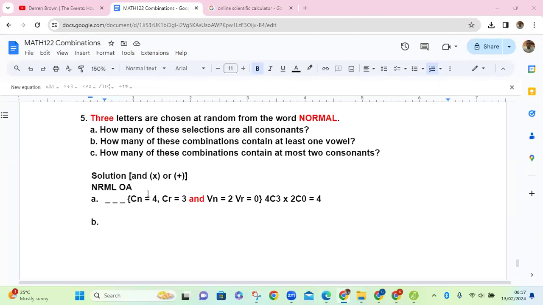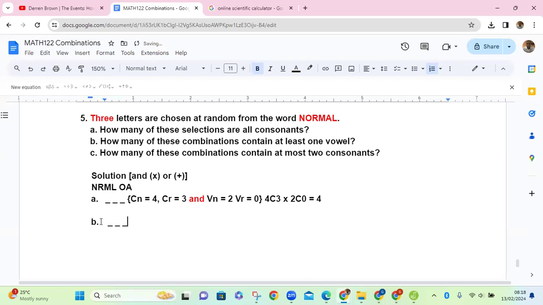Now, part B says how many of these combinations contain at least one vowel. So at least one implies 1 or 2 or 3. So we have to interpret the or as an addition. We have to analyze one separately, 2 separately, 3 separately.